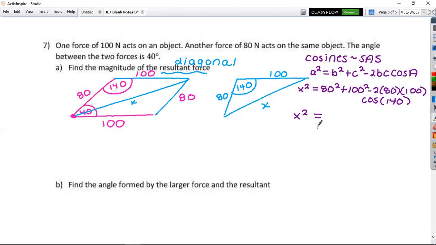I'm going to give you this answer first. And then, again, you've got to be careful with your rounding on multiple part questions like this. My x squared value was 28,656.711109. And then you're going to square root that.